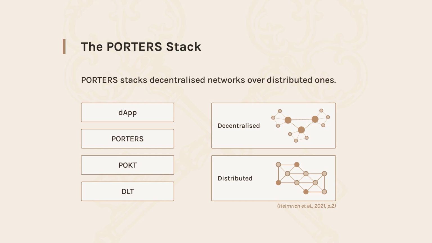But when we look at what decentralized means, we need to distinguish it from distributed networks. Underneath, you have a distributed network. That can be Pocket, that can be Ethereum mainnet, and then on top of it, you have decentralization. So you have one of these thicker nodes, the dark brown node here, meaning that we decentralize on top of a distributed network.